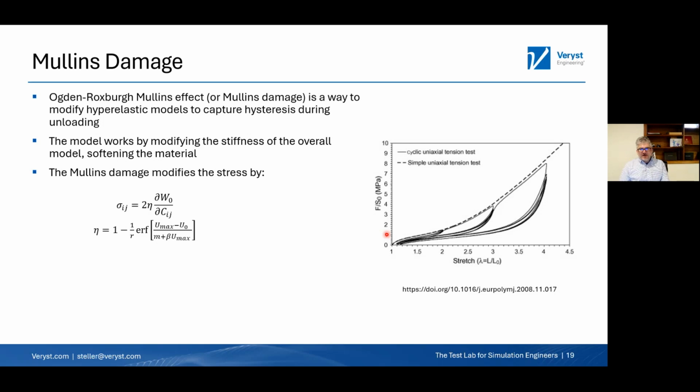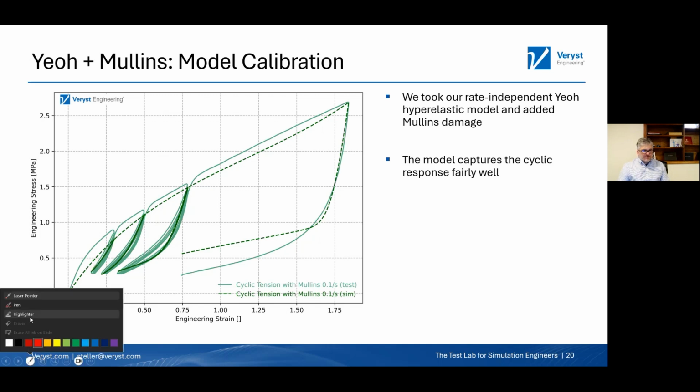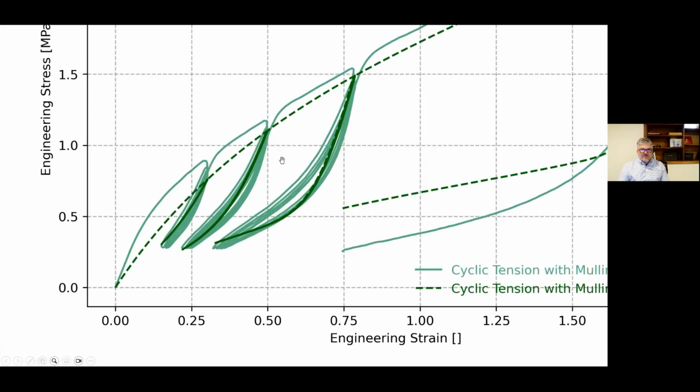So what does that do for us in that TPE data? Here I've calibrated that Mullins damage to that same test. And you see I'm capturing it much better, right? So I come up here. You see when I unload down in this area right here, I'm capturing that response better. I'm better following those curves. I don't get quite the hysteresis on each one of those reloads that I might want, but I'm matching that shape a lot better.